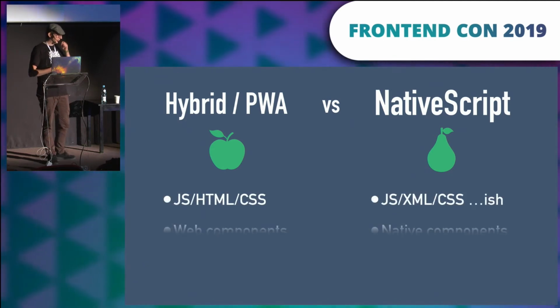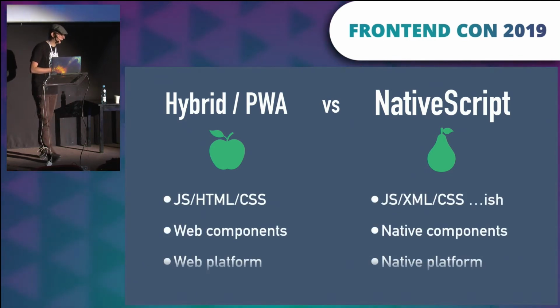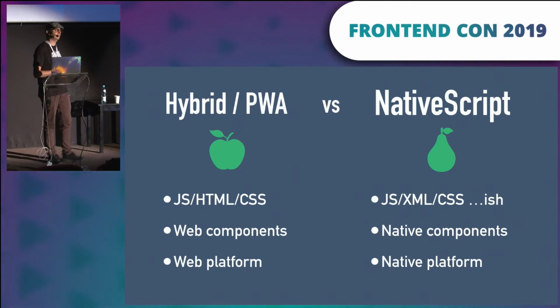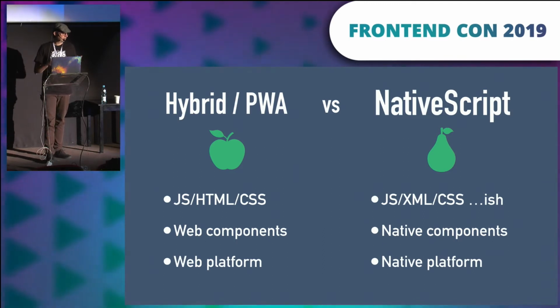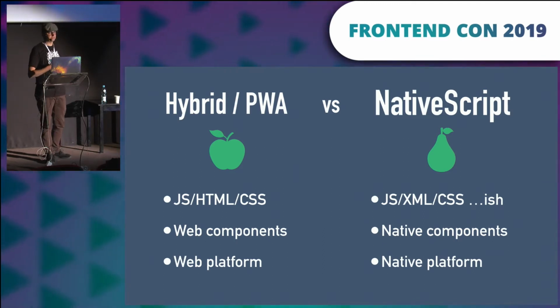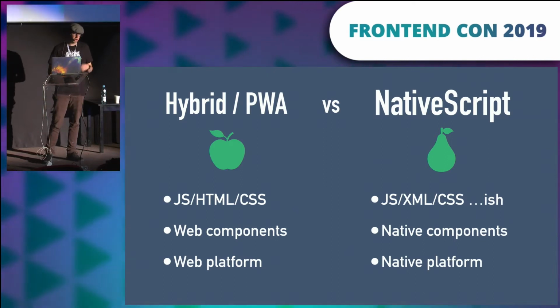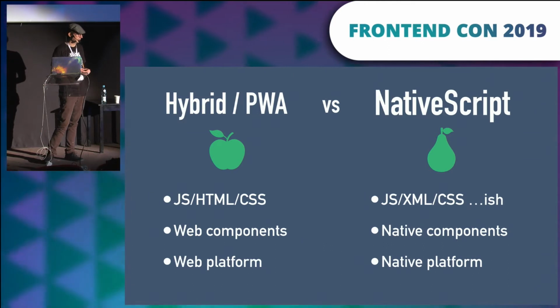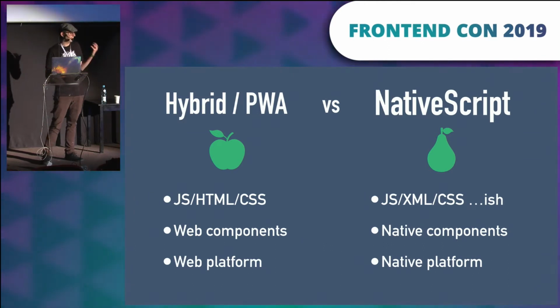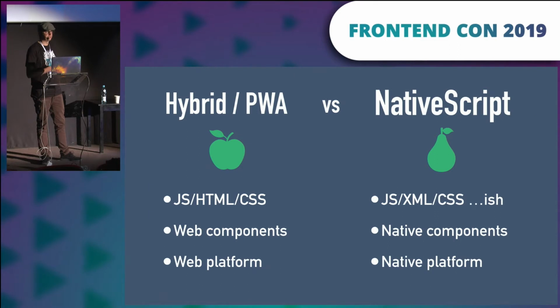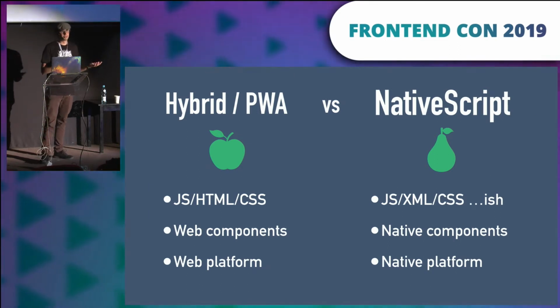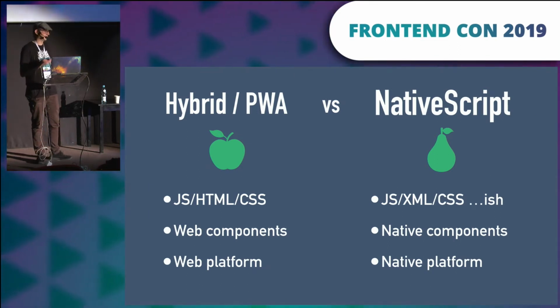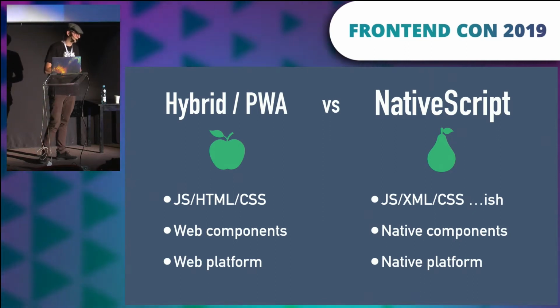So, in a hybrid or a PWA, you are using native web technologies, and so your application actually runs in a browser, and you build it with web components that you can style to make it look like a native application, but it's never a native application.